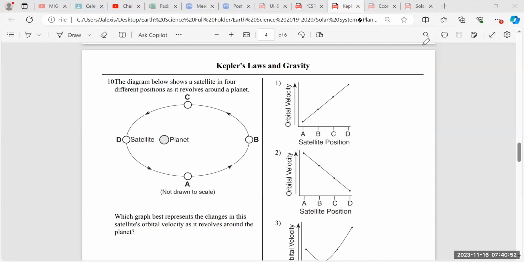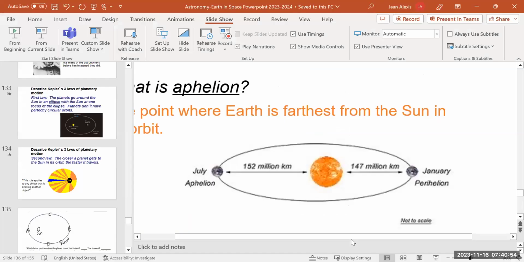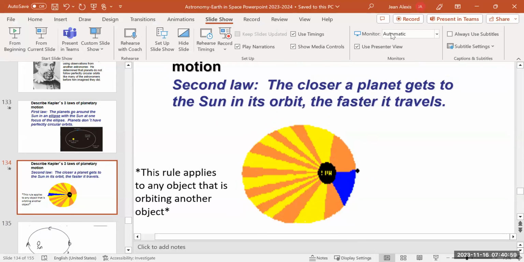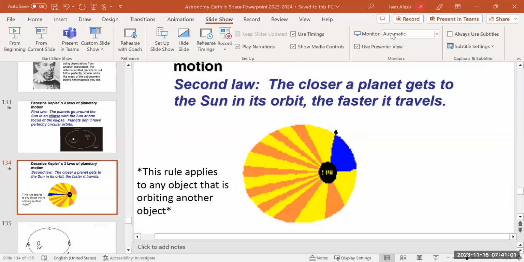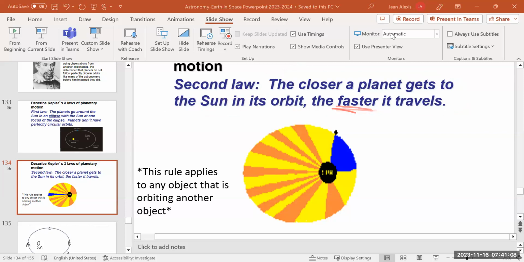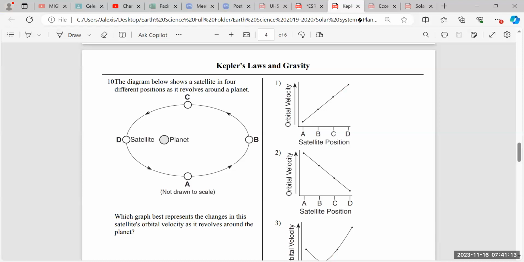It states that the closer a planet gets to the sun, the faster it travels. In this case, a satellite is going around a planet, and that same rule applies for any object that is orbiting another object.